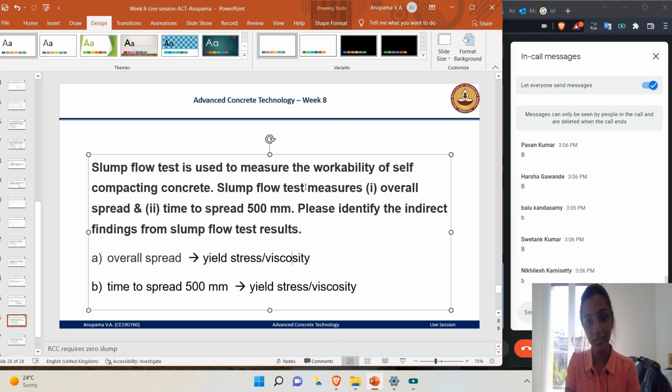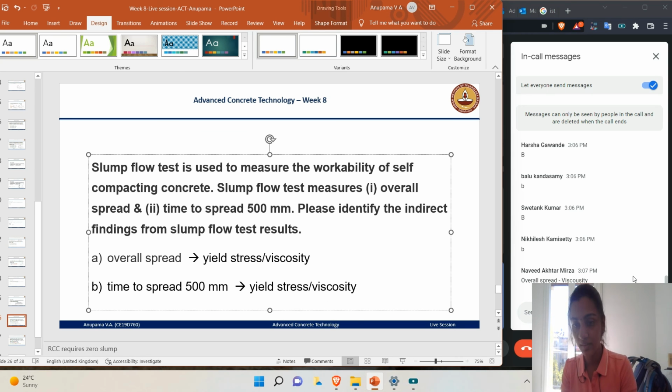So the slump flow measures both overall spread, and also we can measure the time taken to spread 500 mm. So from overall spread, what does that indicate? Does that indicate yield stress or viscosity? And also, what does the time taken to spread 500 mm indicate? Does that indicate viscosity or the yield stress?